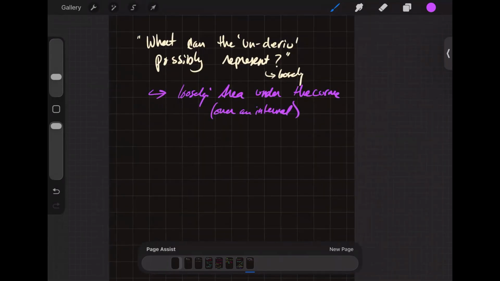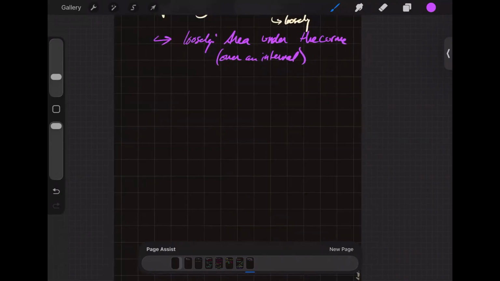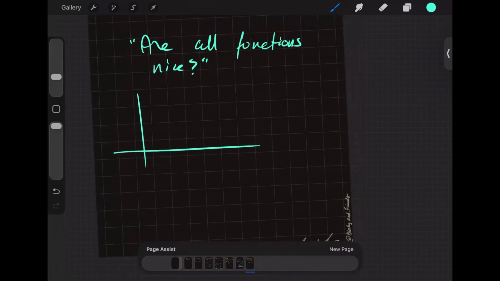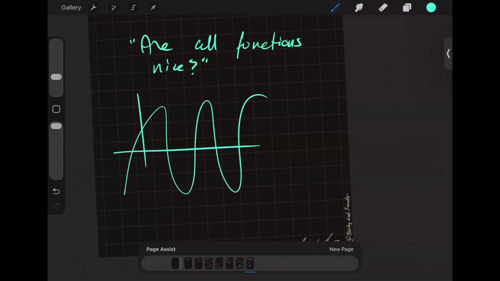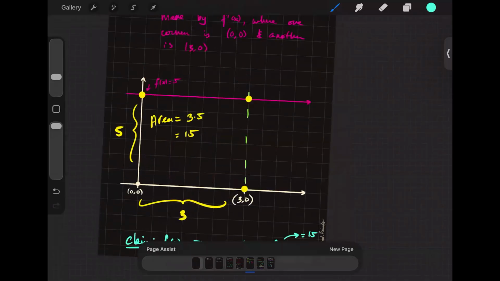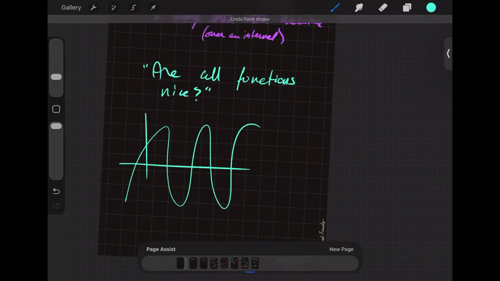Now my next question for you is, are all functions nice? Like, what if I give you sine of x? The first function we made a rectangle, the second function we made a triangle.